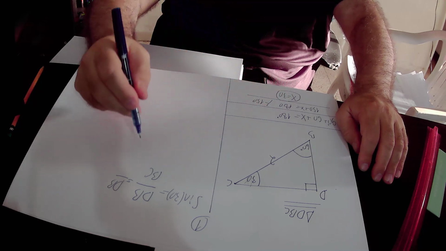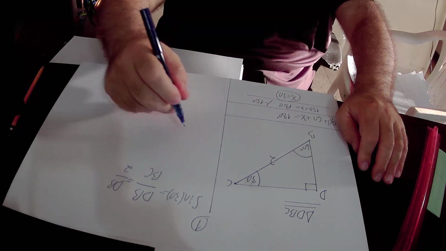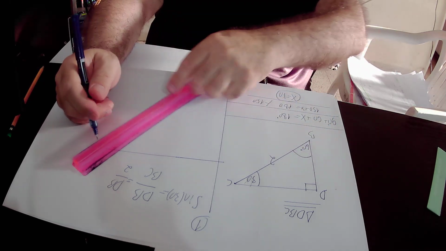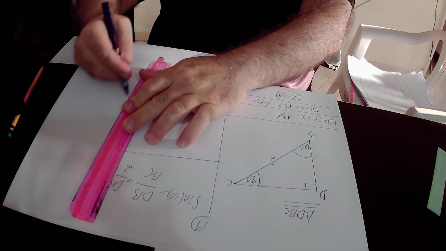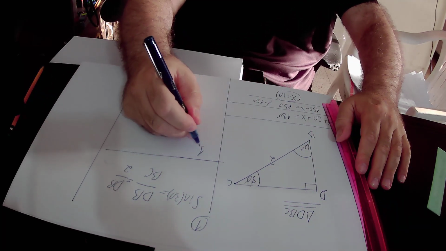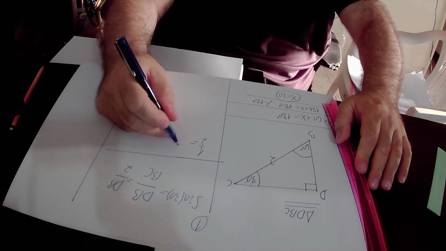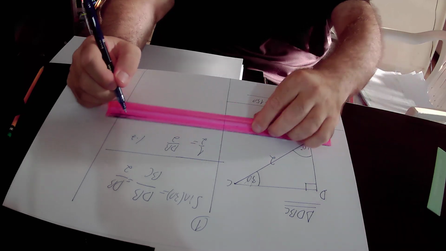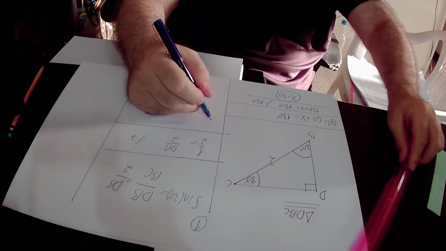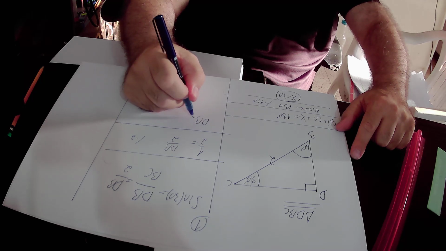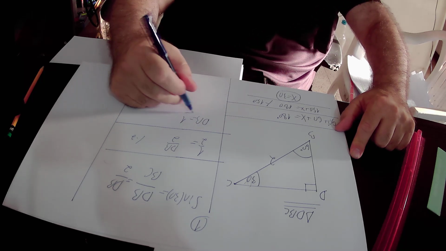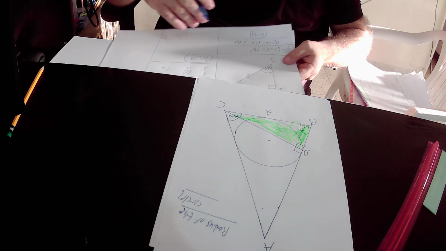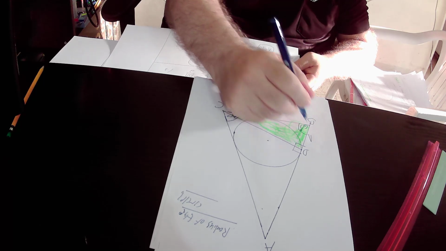BC is 2 units, so we substitute BC by 2, and sine 30 degrees equals 1/2, so we substitute sine 30 degrees by 1/2, and we get that 1/2 equals DB over 2. Here we will multiply this equation by 2, and we get that DB equals 1. So I found out that DB equals 1 unit.